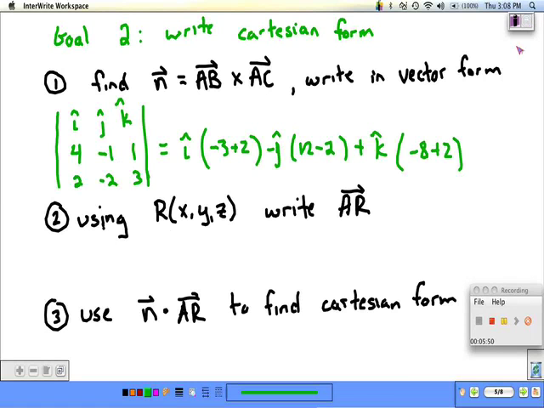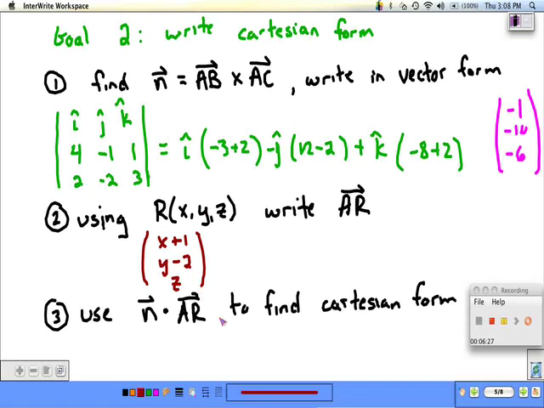So our normal can be written in vector form as (-1, -10, -6). Now the problem is just like what we did in the first example. We've got one of our points, and we want to write vector AR. So that's going to be (x + 1, y - 2, z).